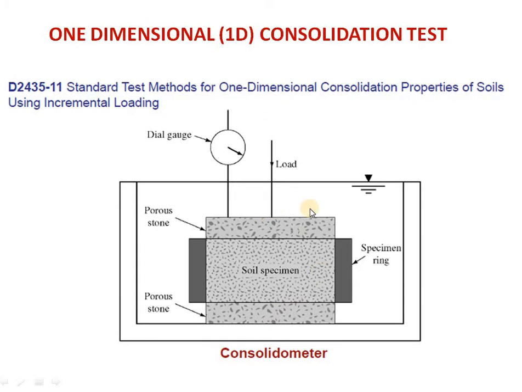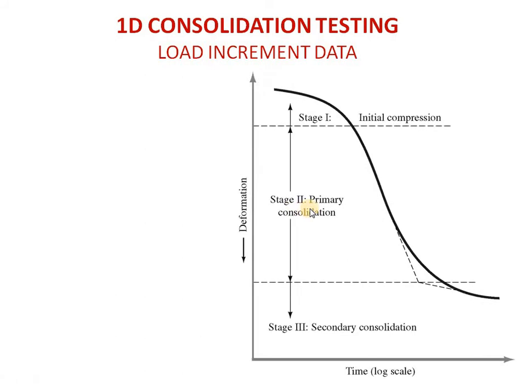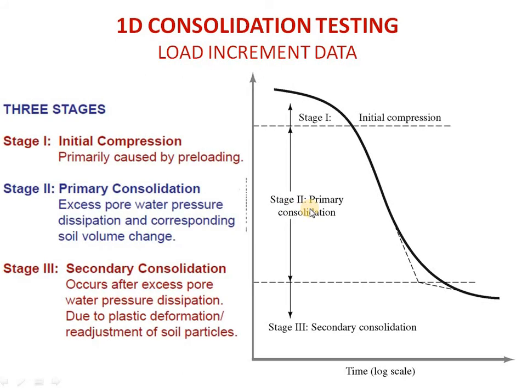Gradual loading is applied, incremental loading is applied. When the incremental loading is applied, there arise three conditions. There will be a graph between the time log and the stages. So firstly, when you are applying the initial load, there will be initial compression, that is your stage 1.